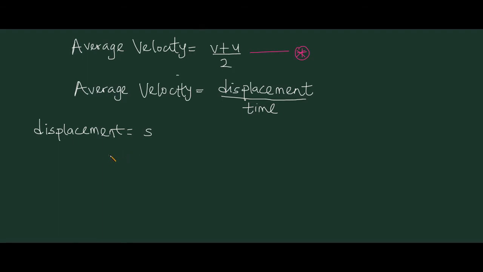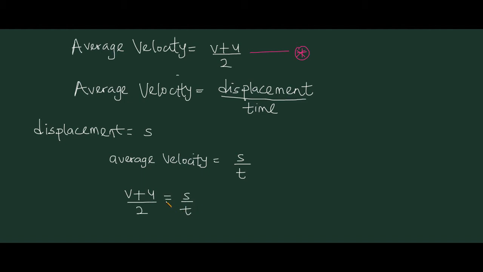So I'll rewrite my formula as average velocity is equal to displacement s over t. Since average velocity is also equal to v plus u over 2, I'm going to equate both formulas, and this will be v plus u over 2 is equal to s over t.